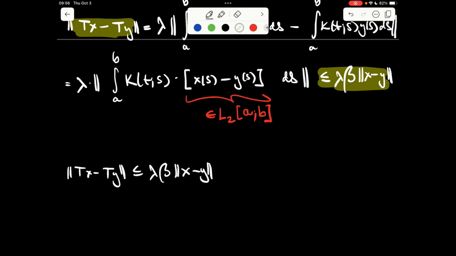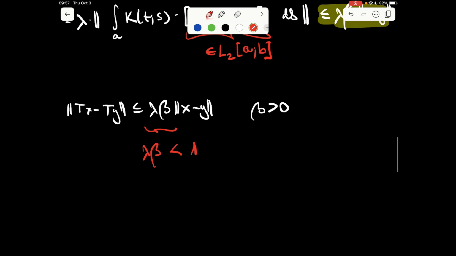Okay, and to have a contraction mapping, Luenberger assumes that beta is positive. So to have a contraction mapping, this parameter is supposed to be less than 1. So if lambda is lower than 1 over beta, then it is a contraction mapping.